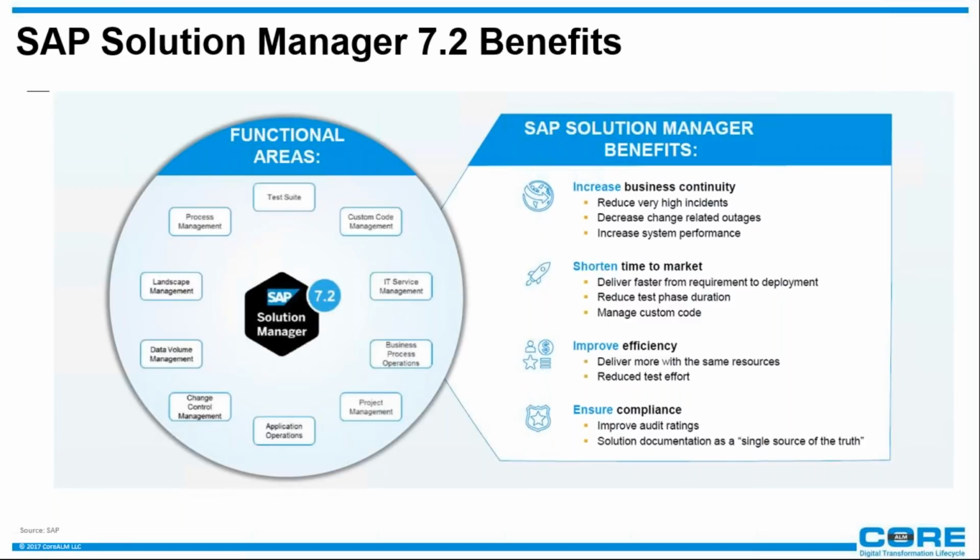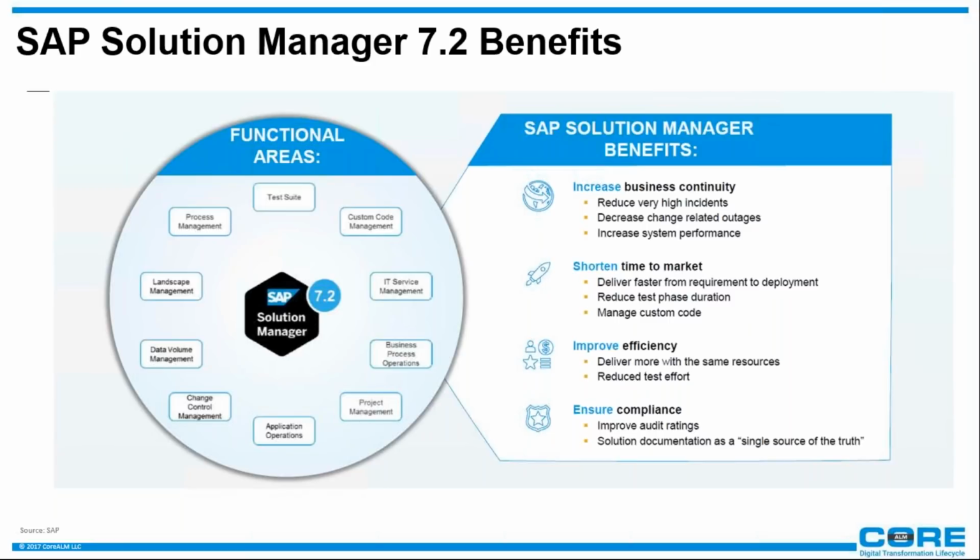So benefits of 7.2, and this gives you an idea of all the functional areas that are in 7.2. Of course, test suite, and today we're doing a deep dive into CBTA. Process management is closely tied to test suite and testing, the hierarchy and where the documents are stored.